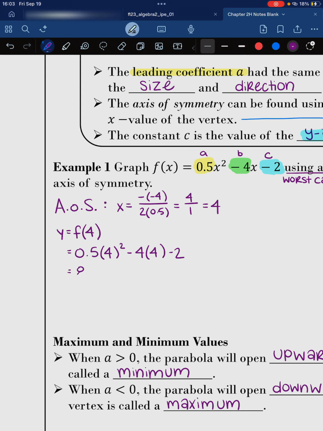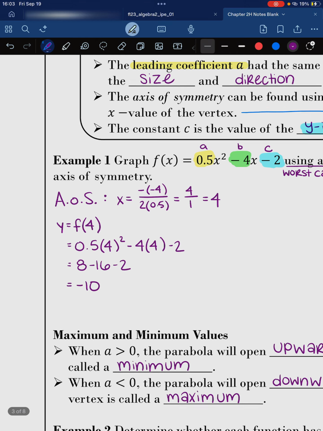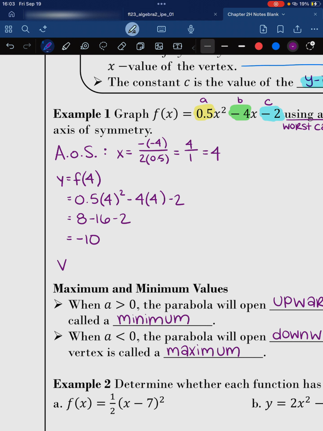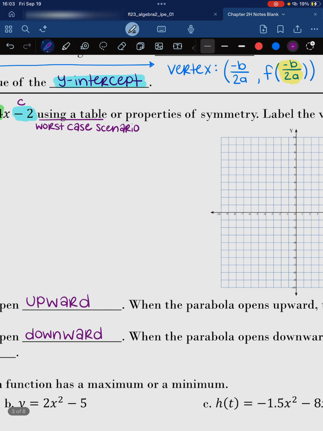So we end up with, let's see, 8 minus 16 minus 2, which ends up with negative 10. Okay, so now I know that my vertex, the x value is 4, the y value is negative 10. So that was my axis of symmetry and my vertex. Okay, so let's go ahead and graph that.